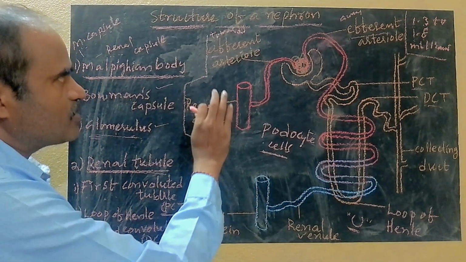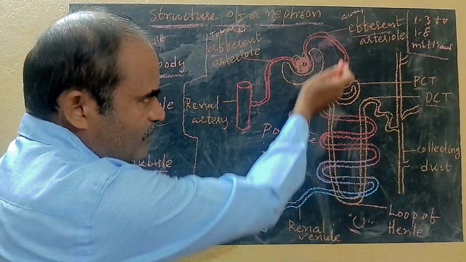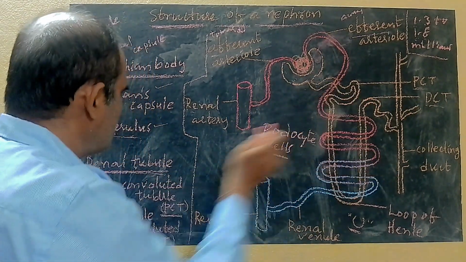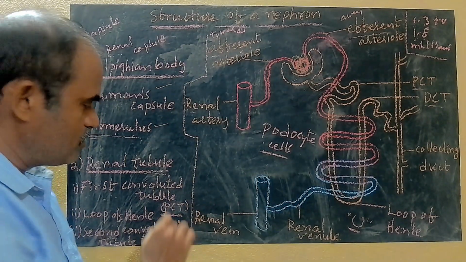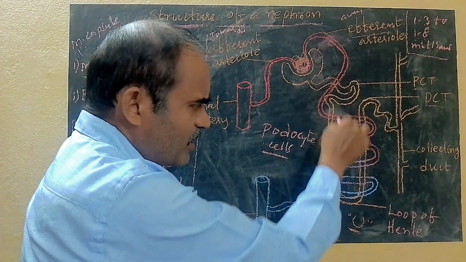Okay, this is about the structure of a nephron. If you see, the Malpighian body and a renal tubule. The renal tubule has three parts: PCT, loop of Henle, and DCT.